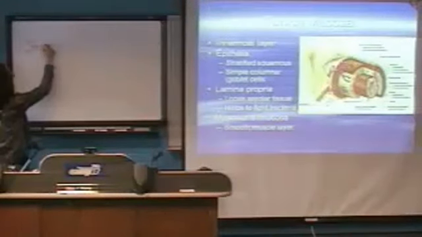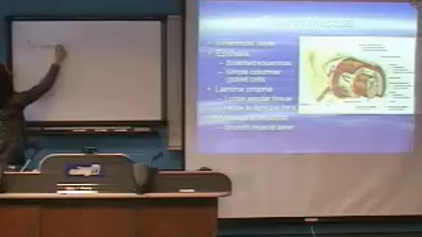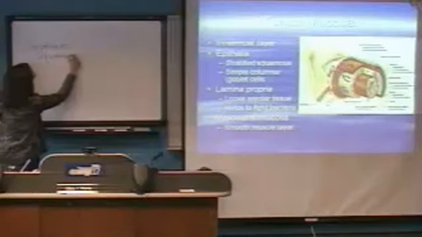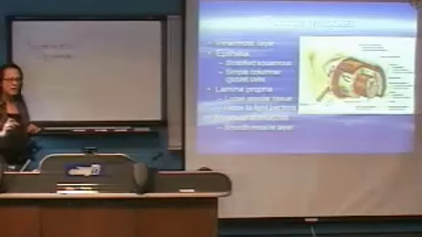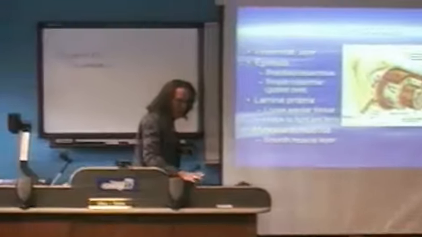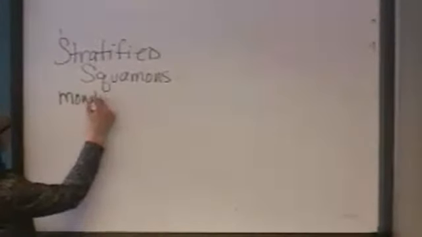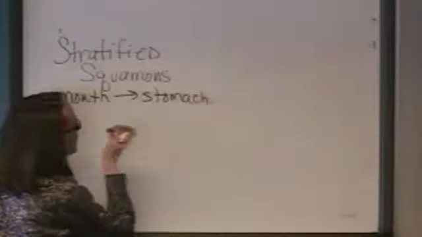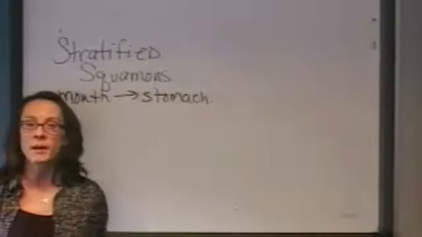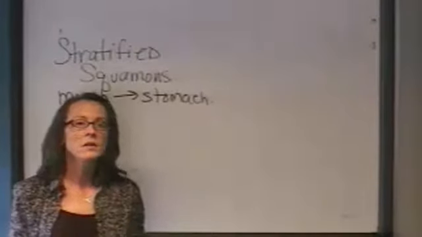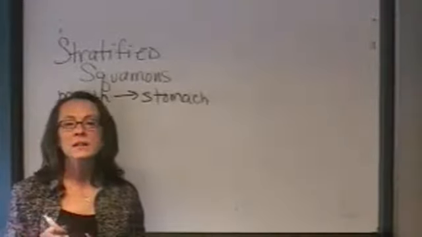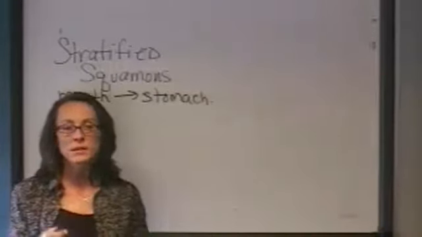We have epithelium along the whole mucosa, but stratified squamous will be from mouth to stomach. Anywhere before the stomach, you are going to have stratified squamous. In the mouth, on the tongue, in the pharynx, and in the esophagus, you have stratified squamous.